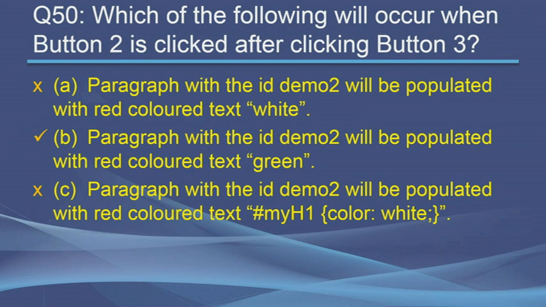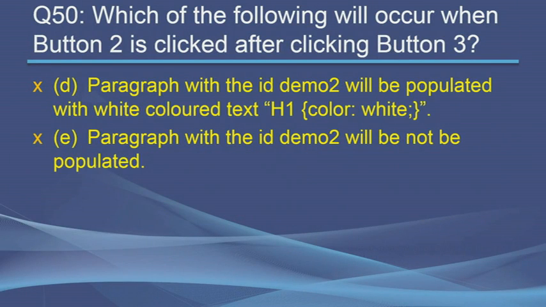So if you click button 2 again, instead of white as in question number 48, what you are going to get is green, because header 1 has now been allocated the color green. So the correct answer for this is paragraph with the ID demo 2 will be populated with red colored text and the string, or the word, green. So that is the correct answer, and again A, C, D and E are incorrect.